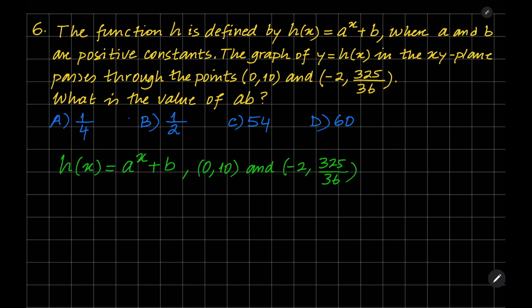Substituting 0 for x and 10 for h of x in the equation h of x equal a to the power of x plus b yields 10 is equal to a to the power of 0 plus b, or 10 is equal to 1 plus b.